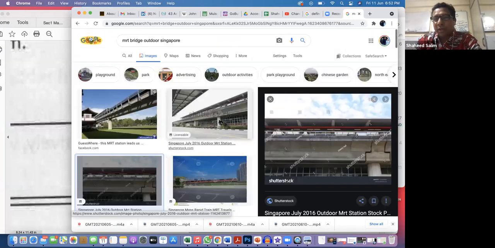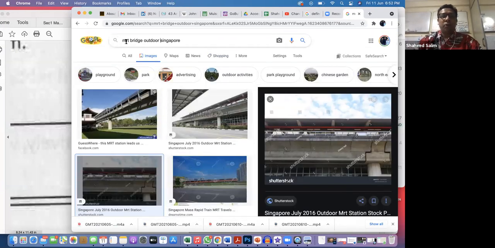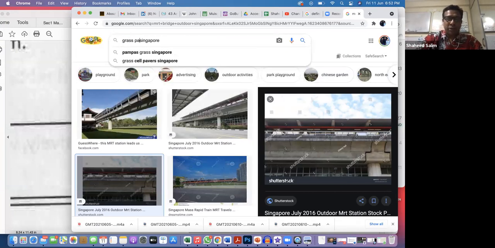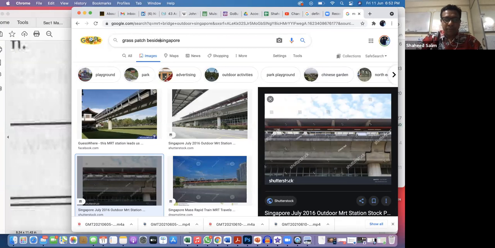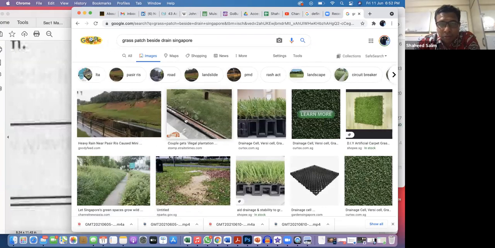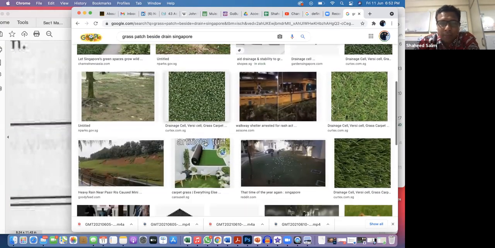So you can see the effect of it at the sides of drains. Have you noticed drains? In Singapore, a grass patch beside a drain, let's say. Sometimes if you observe the drain down here, there's an opening space. Have you noticed, beside the longkang, the HDB drain?